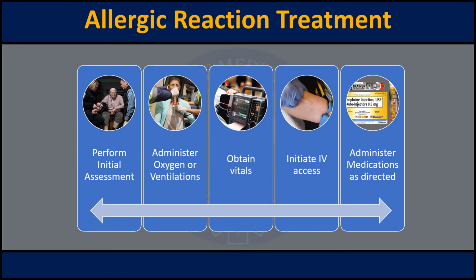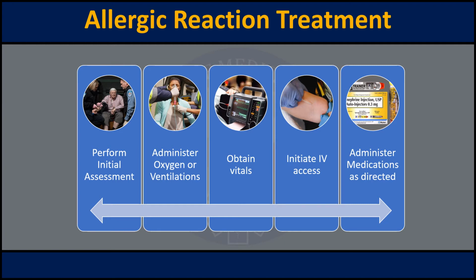In instances of a severe allergic reaction or anaphylaxis, we must still perform an initial assessment, obtain a focused history, including a history of any allergies that the patient has experienced, administer oxygen if indicated, ensure effective oxygenation and ventilation, and begin to initiate a nebulizer treatment if the patient is having signs of a bronchospasm.